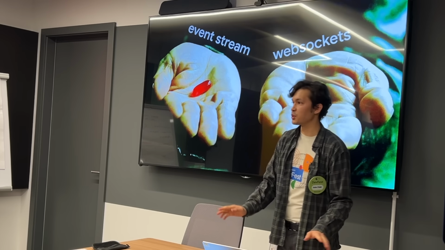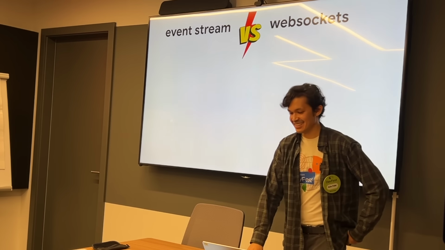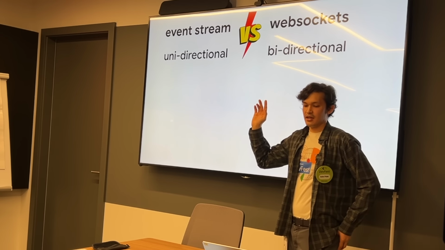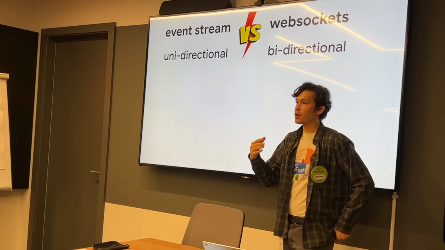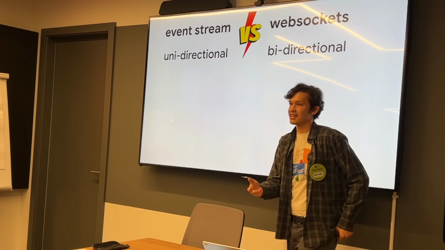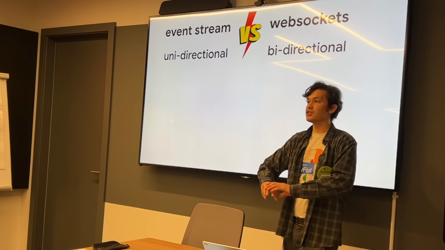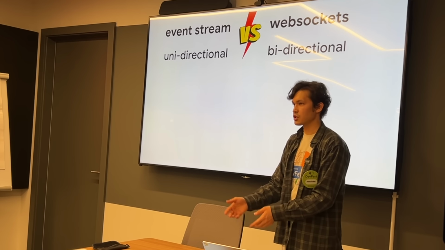So let's compare the two. Who's going to win? Unidirectional versus bidirectional. If you need real-time updates from the client as well, you cannot use SSE. But you can make additional requests, which means opening additional connections, so you can still get bidirectional behavior using EventSource.